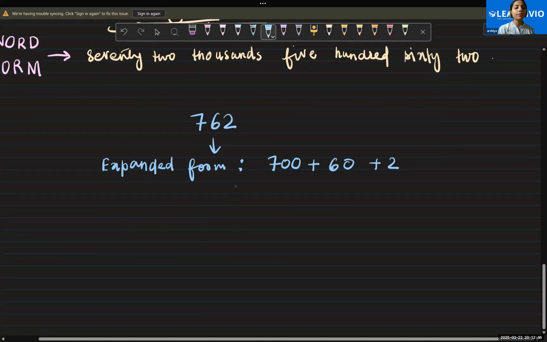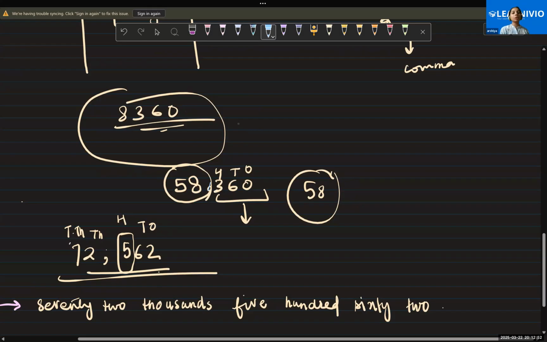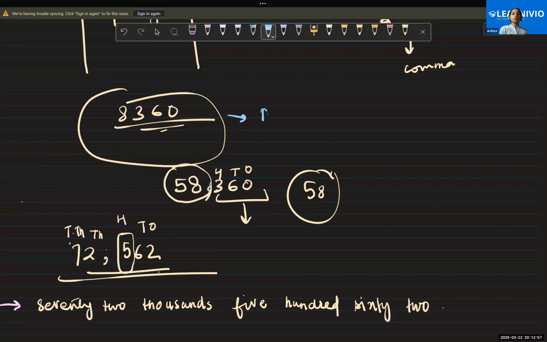Let's do 1,000 first, then we'll go for 10,000s. Let's take this number, 8360. How will you write it? 8,000 plus 300 plus 60 plus 0.